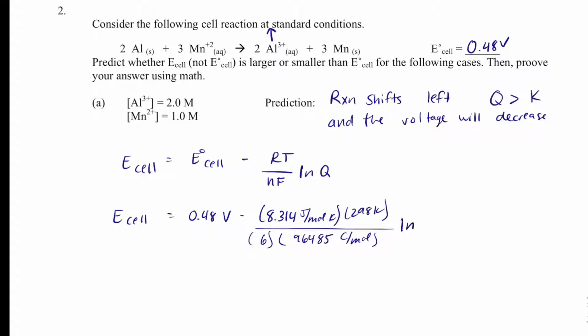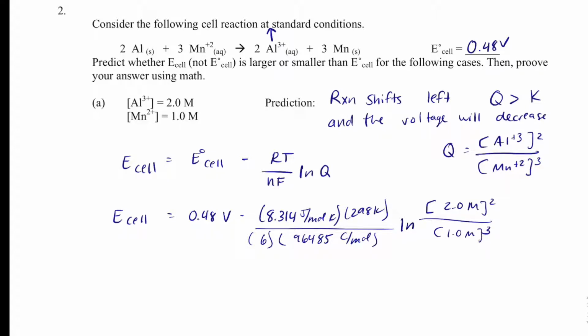And then our Q is going to be 2 molar squared over 1 molar cubed. And what you should get is 0.47, so it just barely goes down, which is what we predicted.